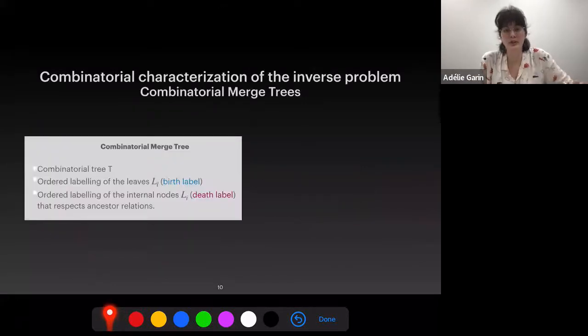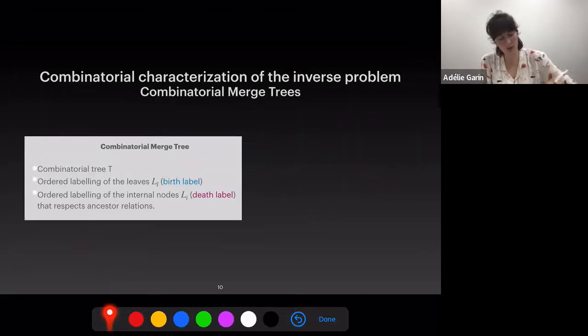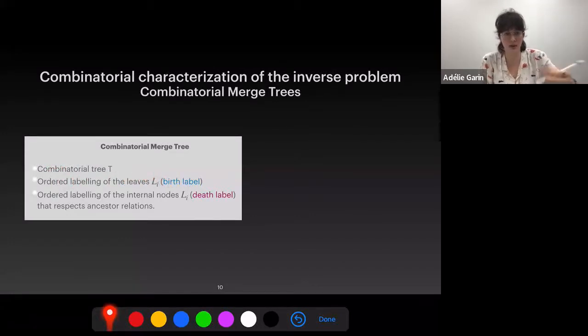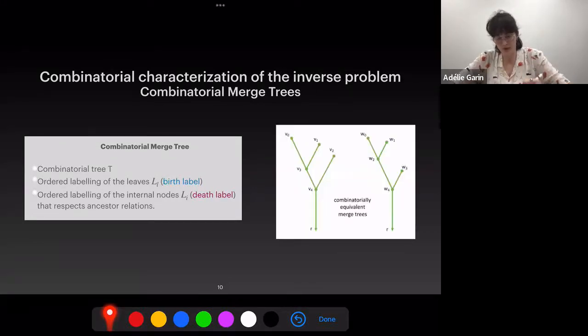Now, the first new definition of this talk is a combinatorial merge tree. So it will be just a combinatorial tree with an ordered labeling of the leaves, so I will call that a birth label, and an ordered labeling of the internal nodes, so I'll call that a death label. And we just want this death label to respect the ancestor relation. So for instance, these two are combinatorially equivalent merge trees. Here are the labels. And you can see that the total order of the vertices is not the same.